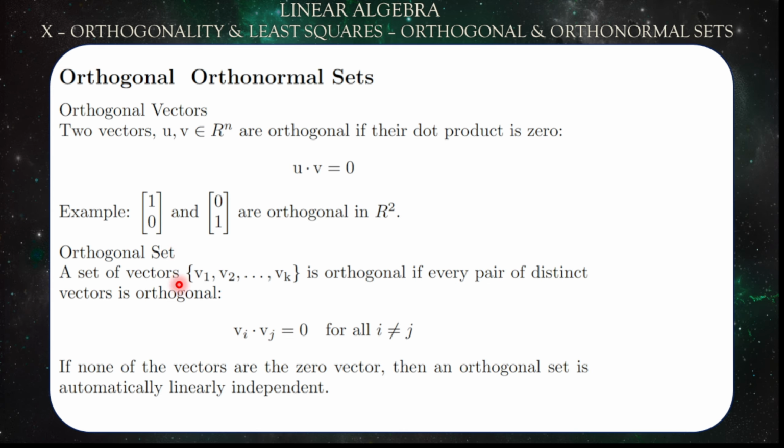Orthogonal set: a set of vectors v1, v2, ..., vk is orthogonal if every pair of distinct vectors is orthogonal, that is, vi dot vj is equal to 0 for all i different than j. If none of the vectors are the 0 vector, then an orthogonal set is automatically linearly independent. Okay?